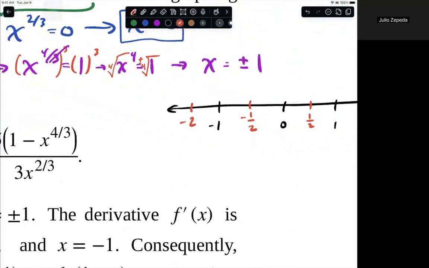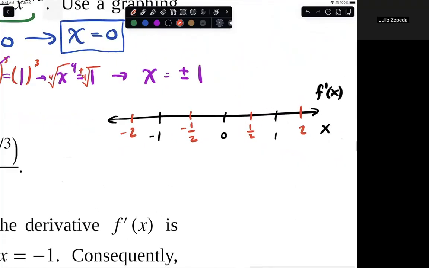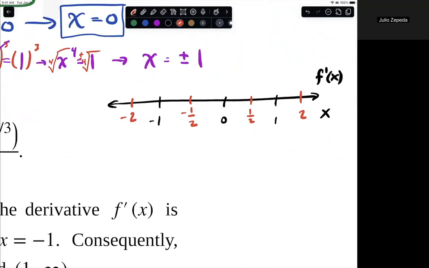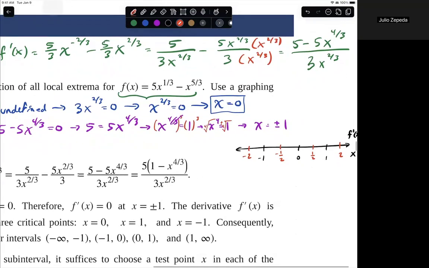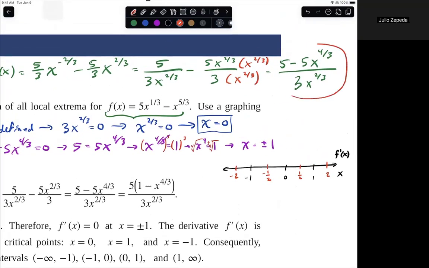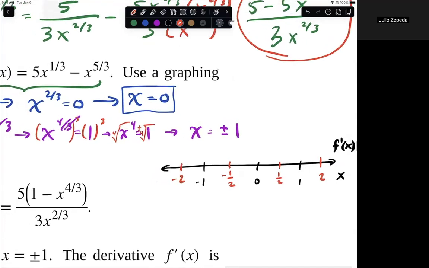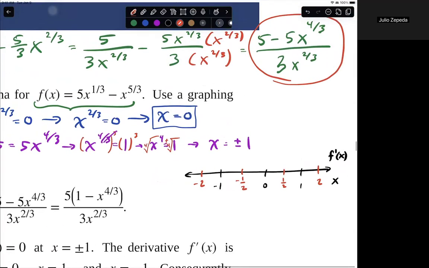Okay, so let's plug each of these into the first derivative, which is this thing up here. So let's go ahead and plug in our numbers here.